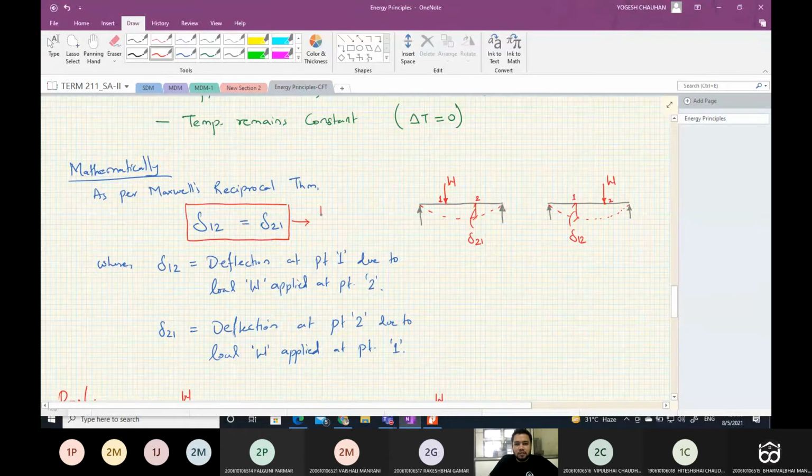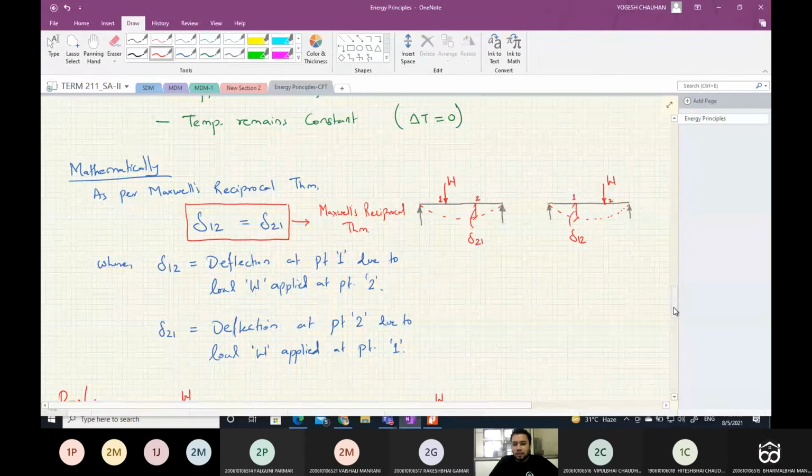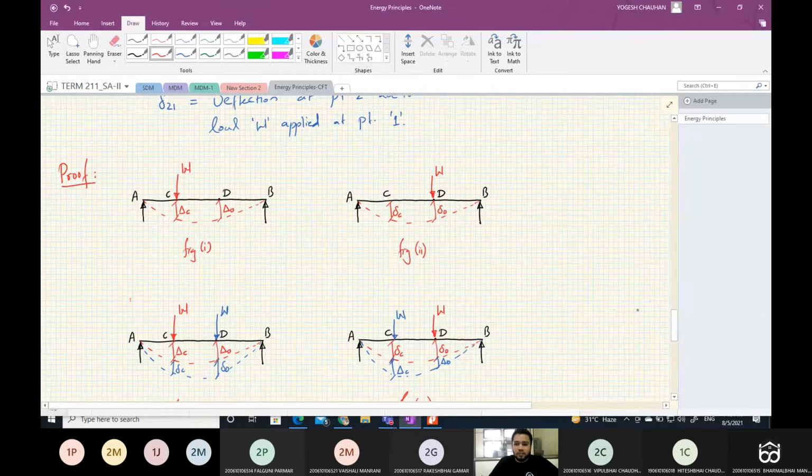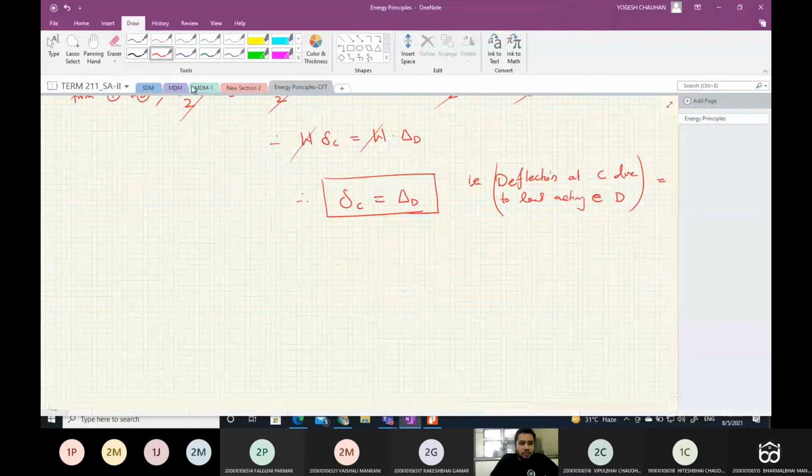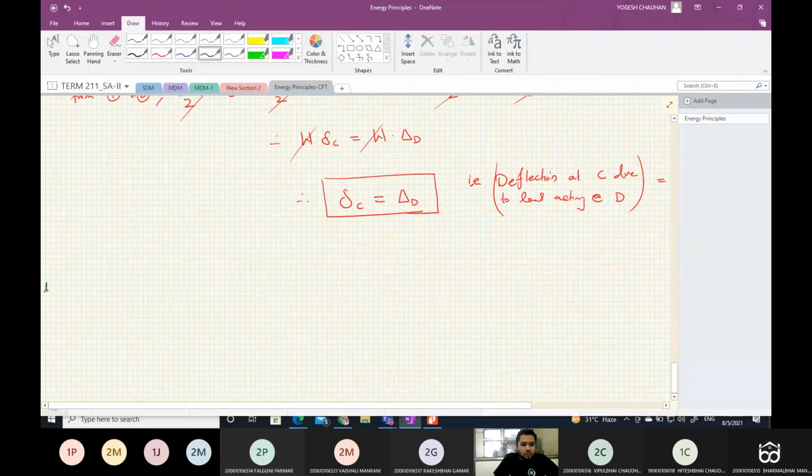Okay, this is Maxwell's reciprocal theorem, and the proof we have seen. Now the next theorem is Bette's theorem, also known as Bette's law.